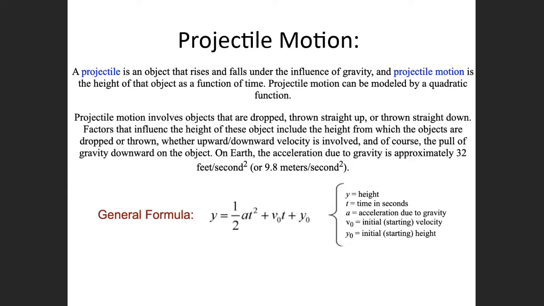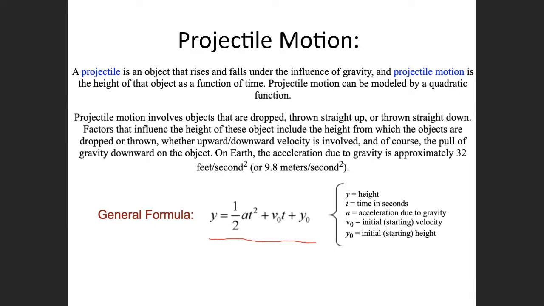So this is the general formula that we have for projectile motion, and this is the one and only formula that we're going to be using this week. It's 1/2 acceleration, okay? So 1/2 times 32 is 16.